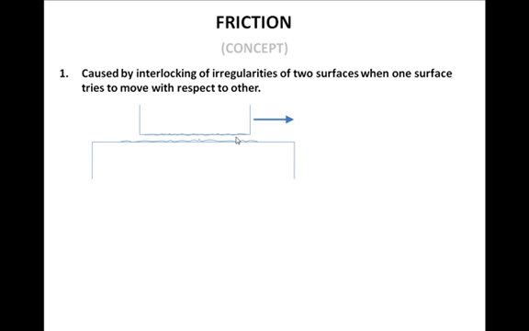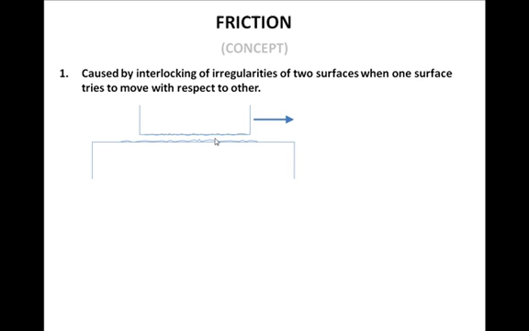Now, when you place one on the other and try to move it, let's say, towards your right, naturally these irregularities are going to get interlocked, and a resistance will be created to this tendency of pulling, and that resisting force is called friction. So we can say friction is caused by interlocking of irregularities of two surfaces when one surface tries to move with respect to the other.